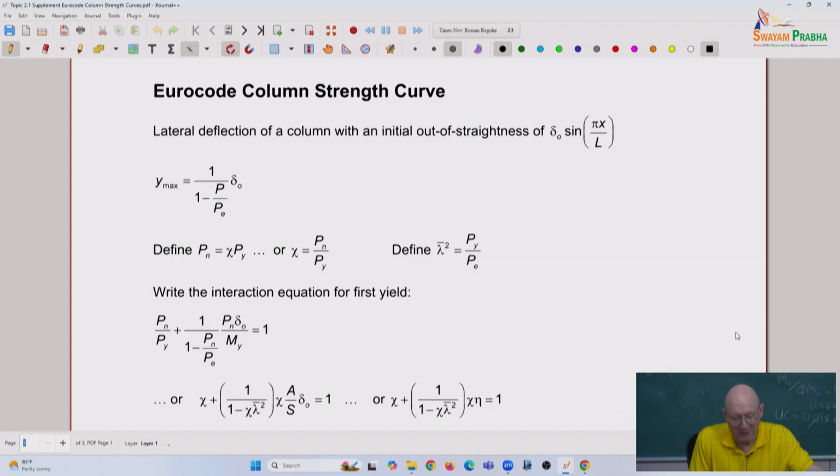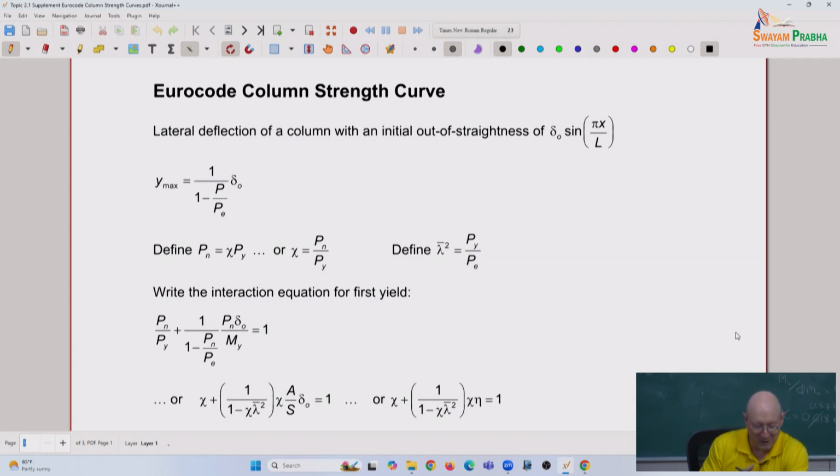So now let's write the interaction equation for the first yield. It will yield when Pn over Py, Pn being the load that we're applying, plus our amplifier times the P-delta moment, Pn times delta naught over My, reaches Fy.